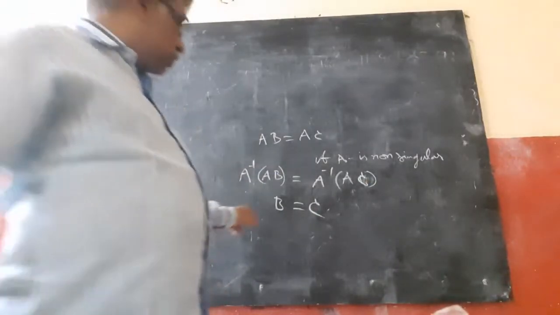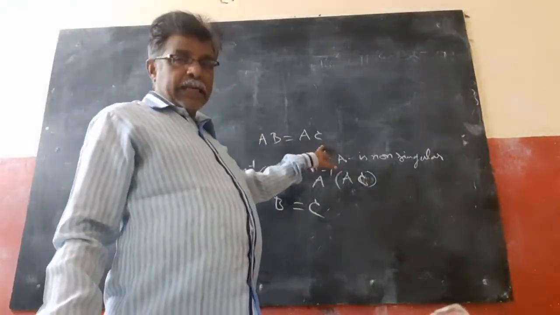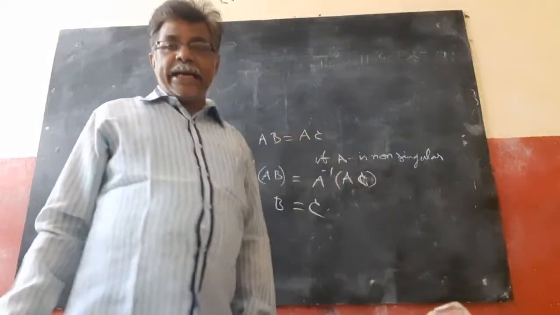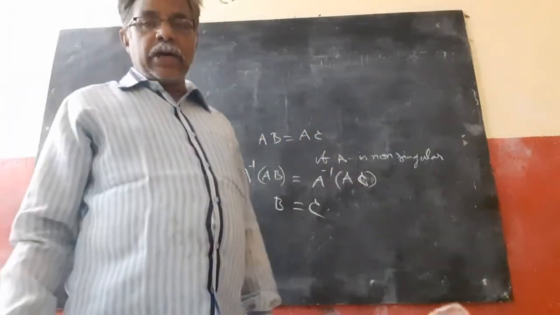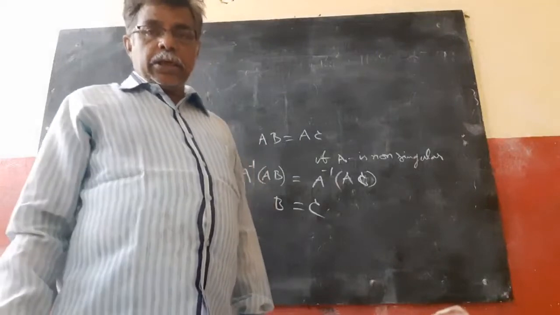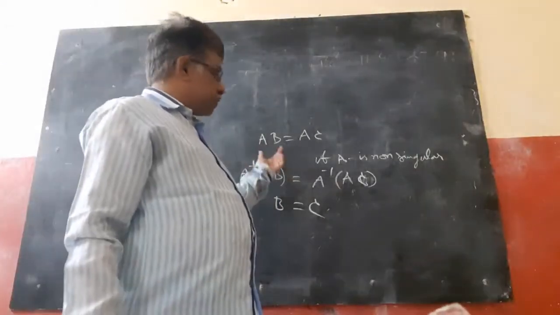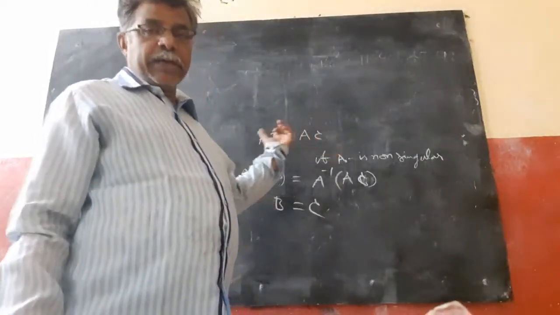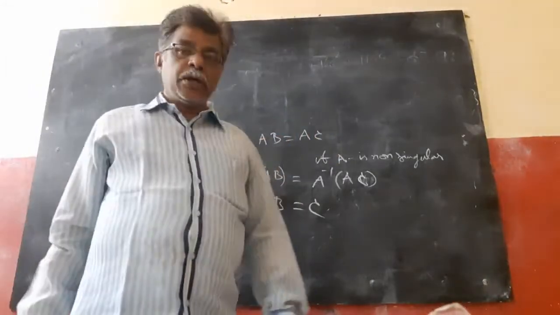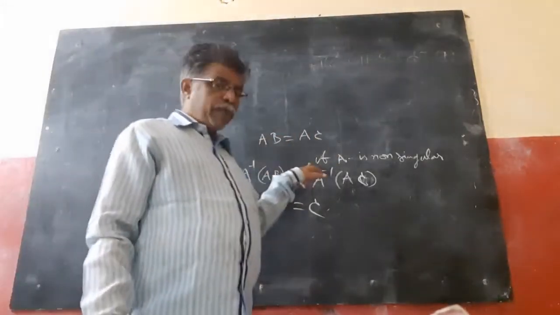If AB equal to AC, you can't cancel A on both sides directly. Directly you can't say B equal to C. Sometimes AB is 0, AC is 0, but A need not be equal to 0. So that's why you should go for the cancellation law.